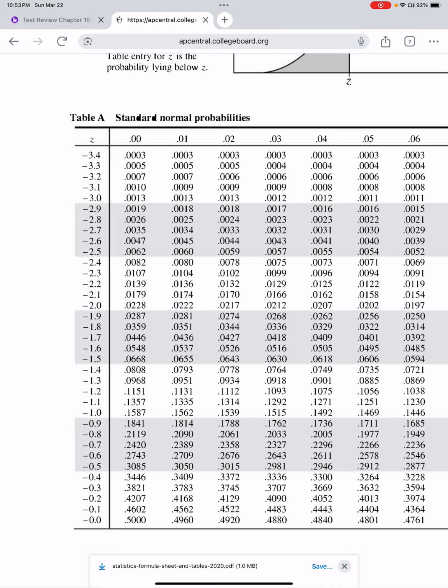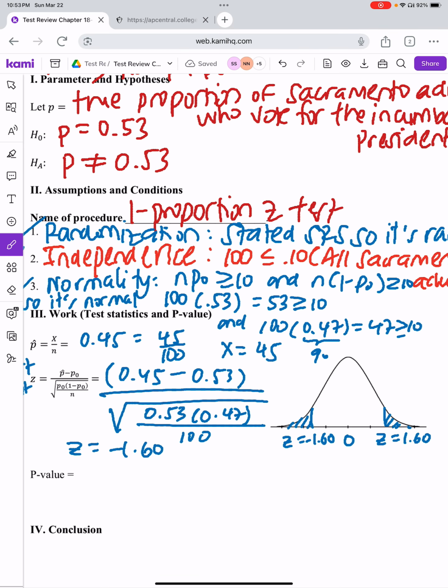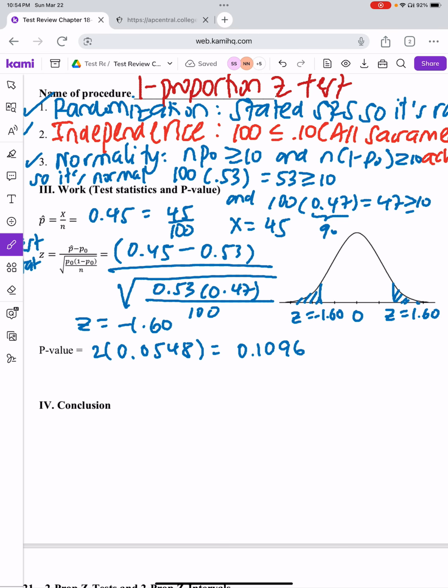If you look at negative 1.6, the probability at negative 1.6 is 0.0548. But because we have two tails, we can't just say it's 0.0548. You need to double this. So that's 2 times that, which is 0.1096. That's pretty high. So that's our p-value.